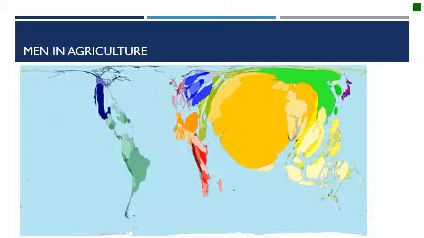There are 1.4 million agricultural workers to every female agricultural worker in the world. What does this tell you about human development in countries where you have a large percentage of people working in agriculture?